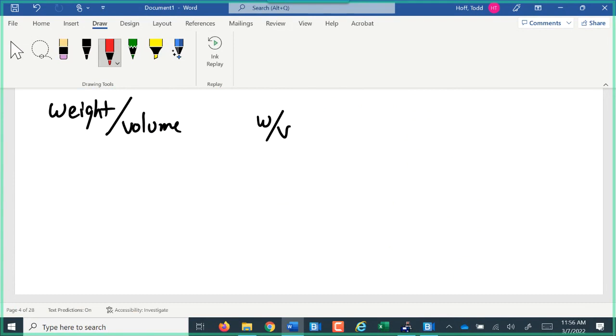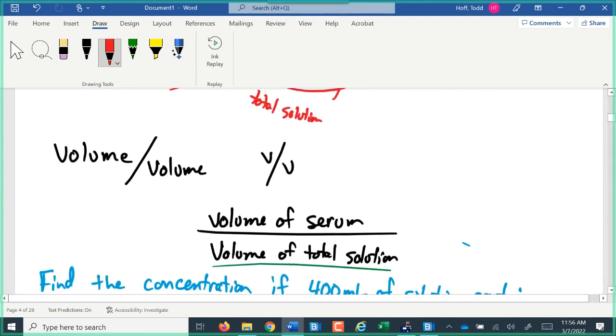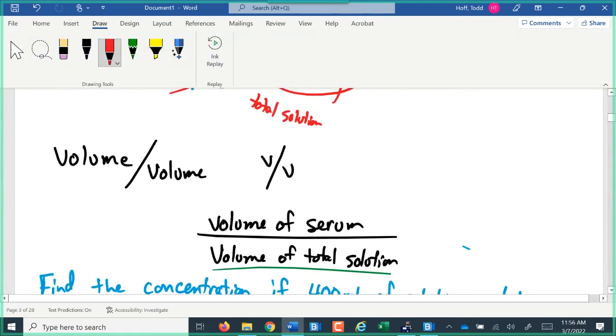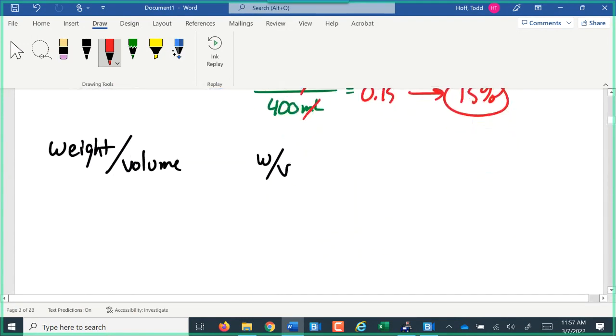But the one key that we need to remember here, and all these others, since it was mass and mass, or weight and weight, and volume, we said to make sure we use the same units. Here, since it's weight in volume, we have to make sure we have the appropriate units for each. And the units that mix together, and this surprises people.